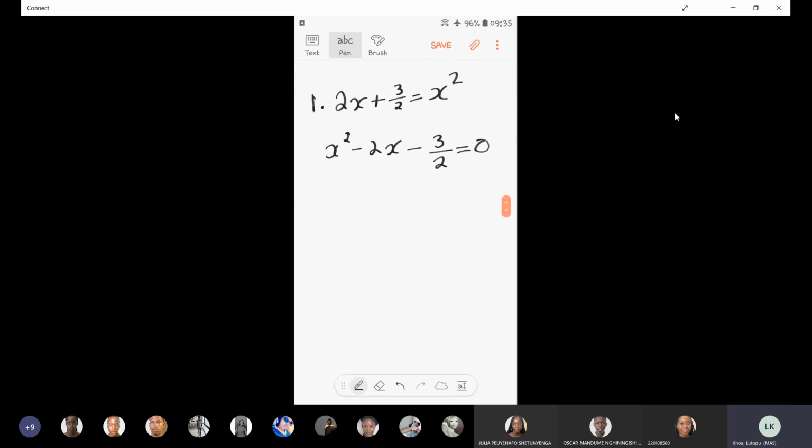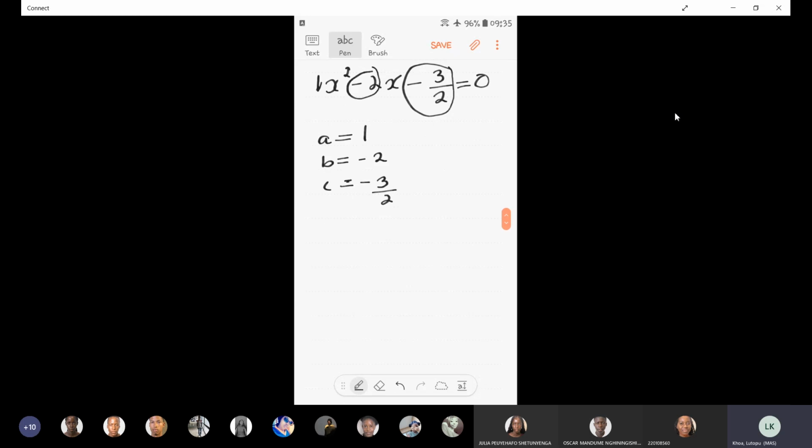Then I identify my a, b, and c. So a is 1 because the coefficient of x squared is an invisible 1 that is not written. B, the coefficient is negative 2, so we say that the sign in front of the number goes with the number. And c is negative 3 over 2. Now that you know what your a, b, and c are, all you have to do is substitute them.